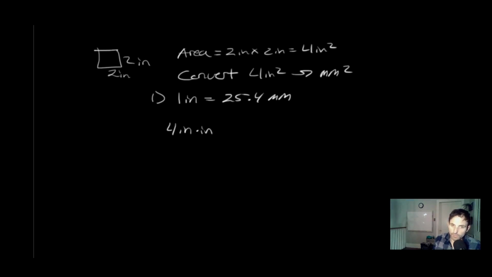Inches squared, times, the first inch is 25.4 millimeters. Then we have another inch that's 25.4 millimeters, right? Inches, inches.